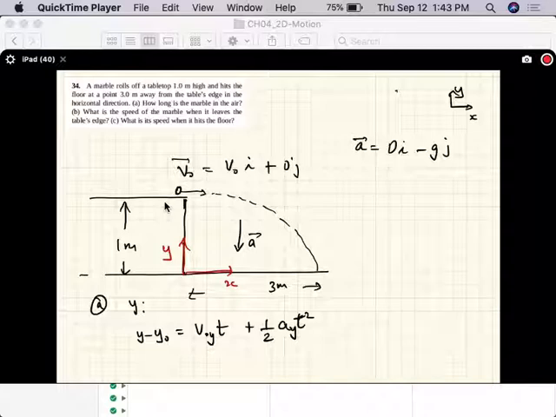So y is 0, minus 1 meter, this is 0, minus 1/2 g t squared.